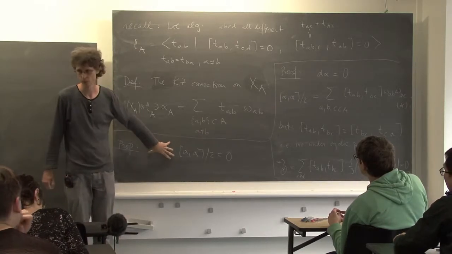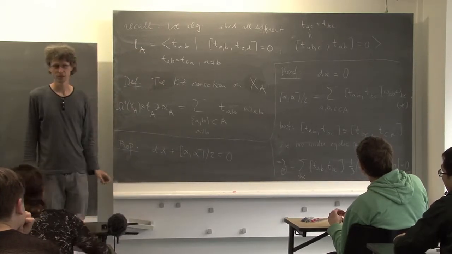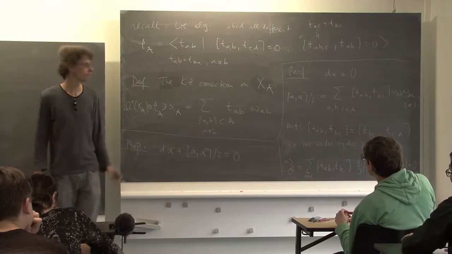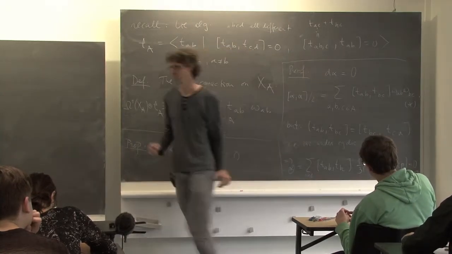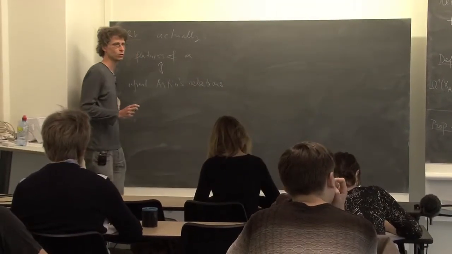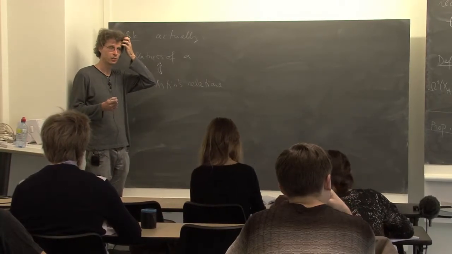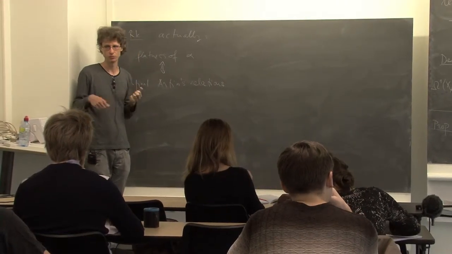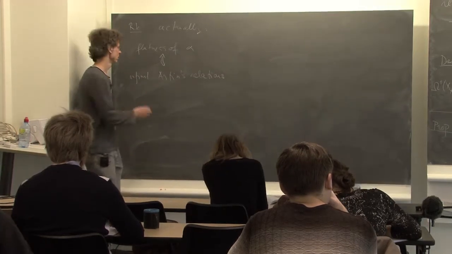Well, that stuff is always zero, so the question is just, is this stuff going to be zero? And the answer is: if and only if those TAB satisfy these two relations. So if you wish, this Drinfeld-Kohno Lie algebra is very closely related to this configuration space of points in the plane.